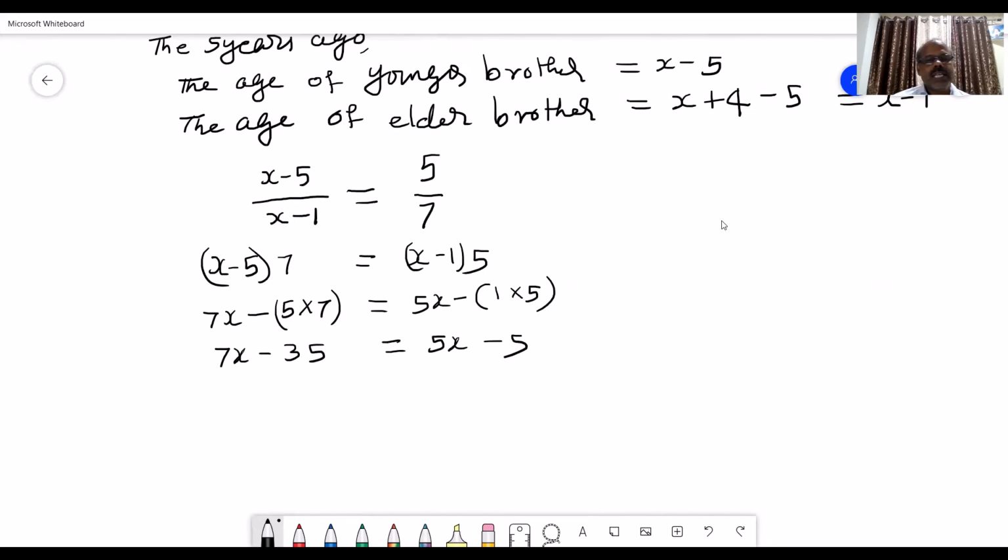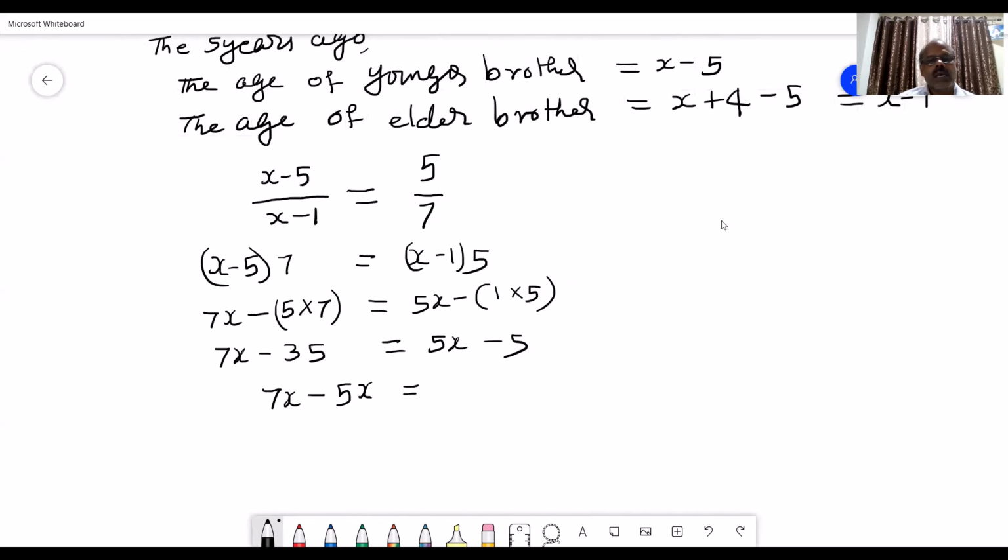Now bring the variable term to the left side. We are having 7X here. Bring this 5X also here. On the right side it is plus, so on the left side it will become minus: 7X minus 5X.